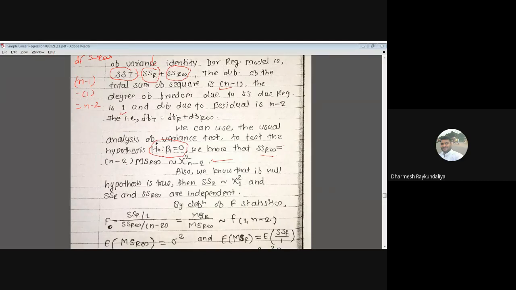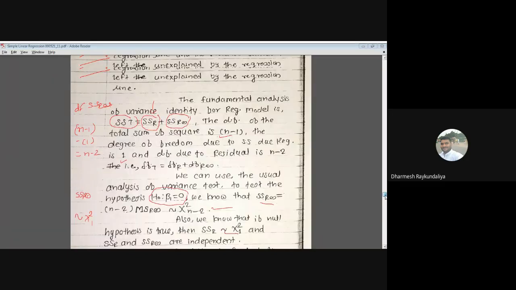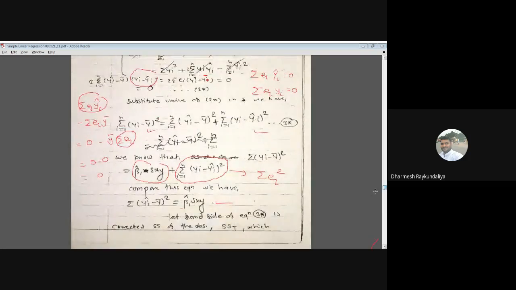So we know that SSR has the chi-square with m degrees of freedom. Here, how many parameters under H0? It is 1. So it is a chi-square with 1 degree of freedom. SSR and SS residuals are independent, that we know. Why are they independent? You can also prove it from the covariance between yi cap minus y bar and yi minus yi cap.